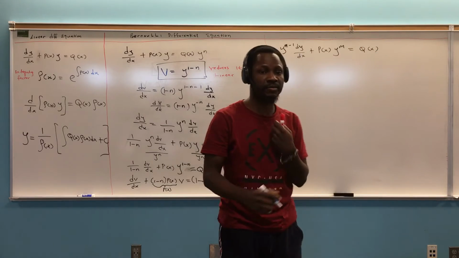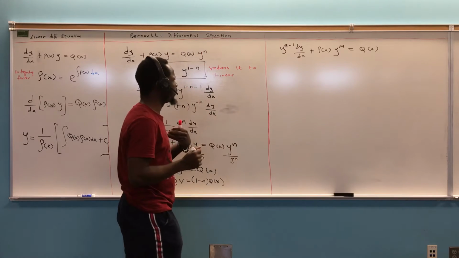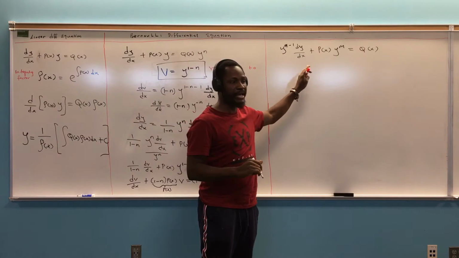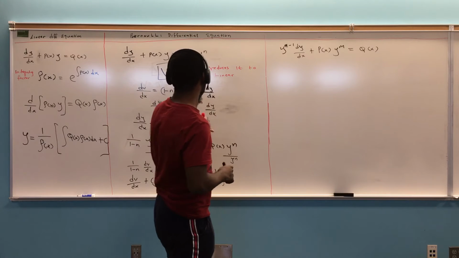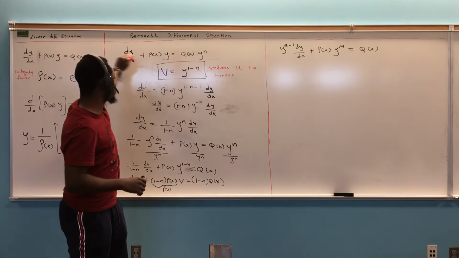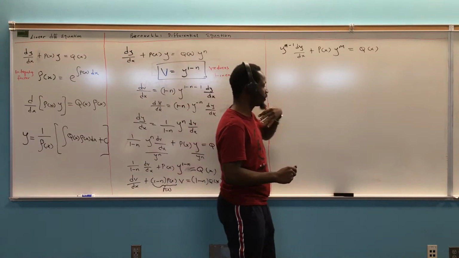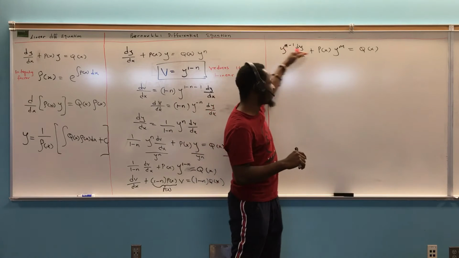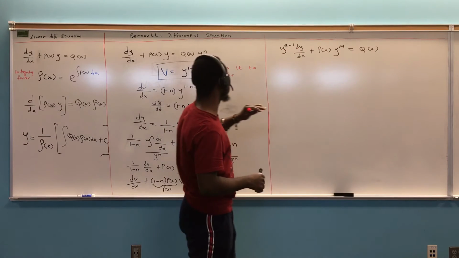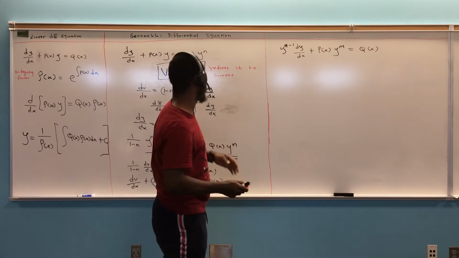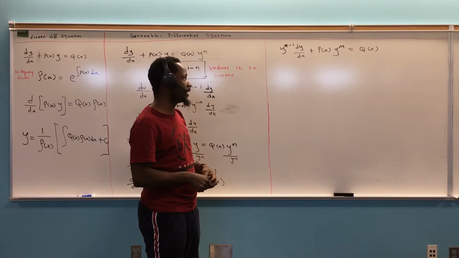Now, this is the way I write Bernoulli, general form, it's convenient for me, and you'll see this in a short while. So any differential equation that can be written as this is a Bernoulli differential equation. For convenience, I write it this way.